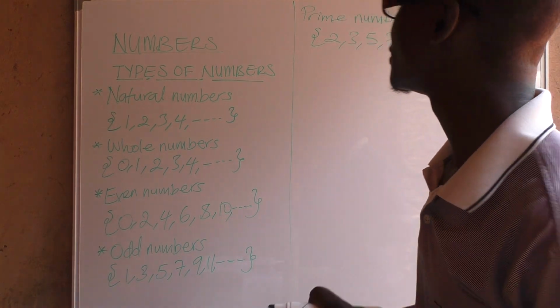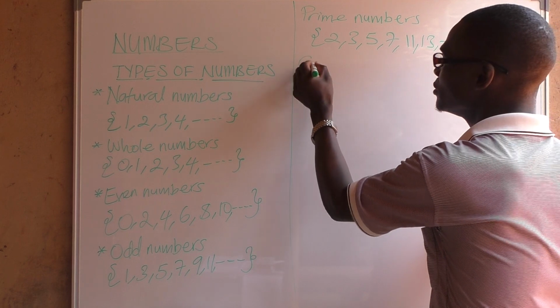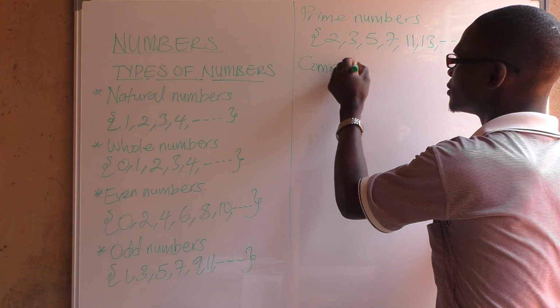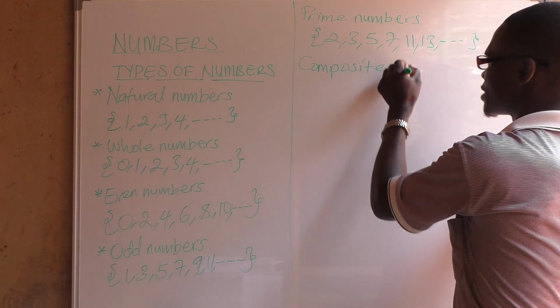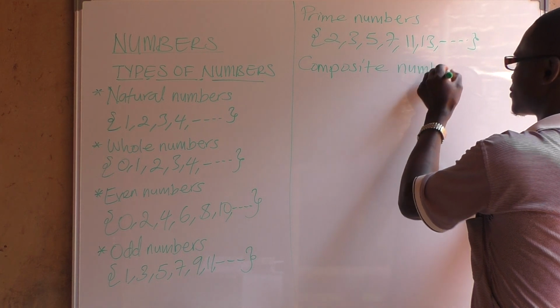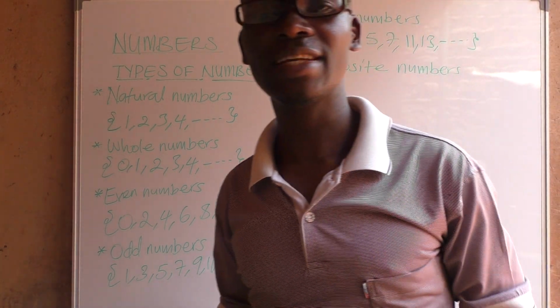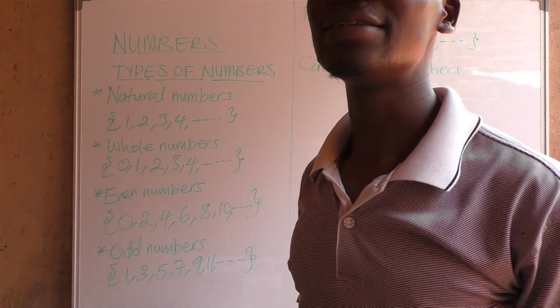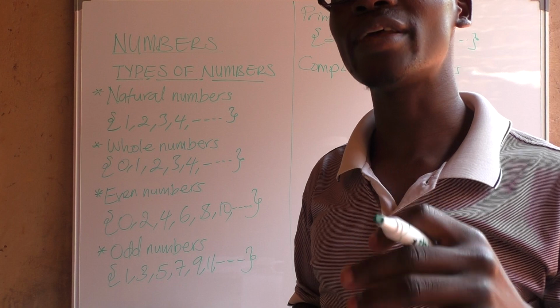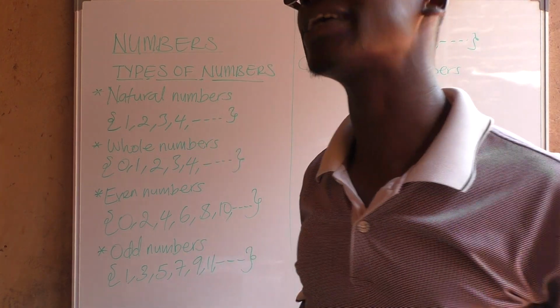Then, if prime numbers are numbers with only 2 factors, what about those numbers with more than 2? That's what we call composite numbers. Therefore, we shall define composite numbers as numbers with more than 2 factors.